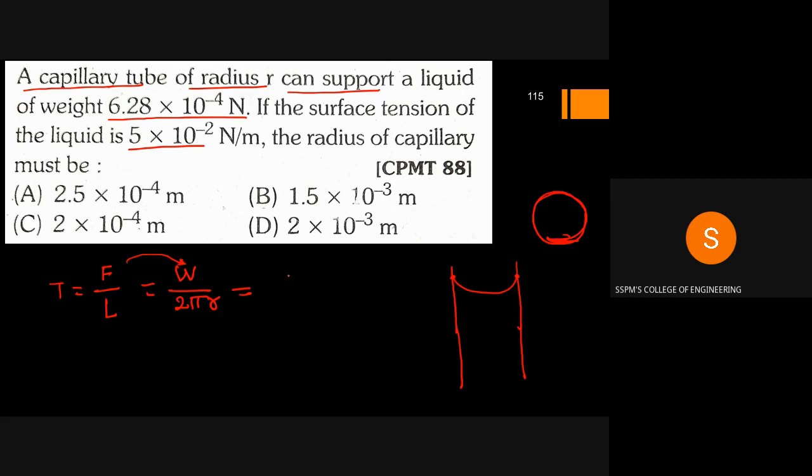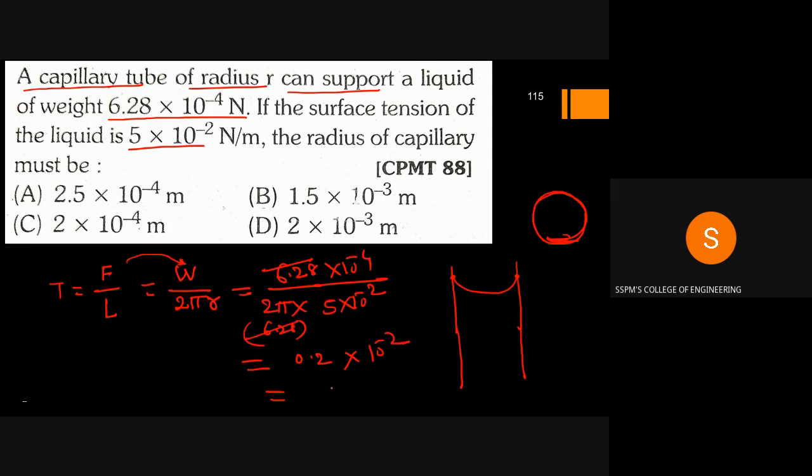F is the force, which is the weight of the liquid. So W divided by 2 pi r is equal to T. W is given as 6.28 x 10^-4, and T is 5 x 10^-2. 2 pi is nothing but 6.28, so we can cancel this. 1 by 5 is 0.2, and 10 to the power minus 2.